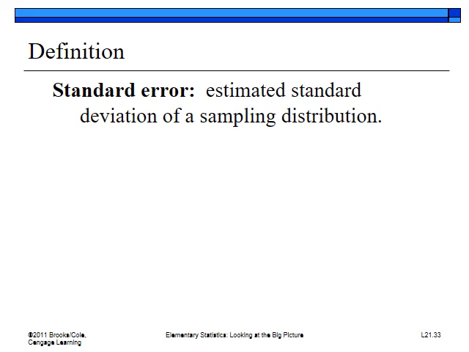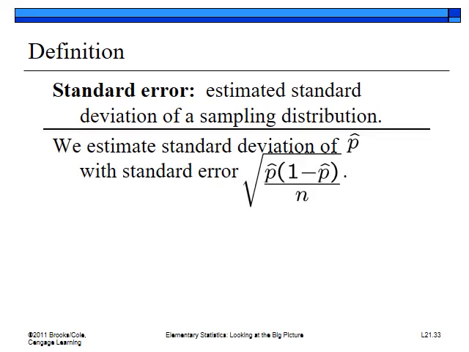The standard error is what we estimate the standard deviation of the sampling distribution to be. It's what we get when we use P hat in place of P in the formula for standard deviation. So if you're using the value in the population, if you're using P, what you're computing with this formula is standard deviation. If you're using a sample proportion, what you're computing is the standard error.